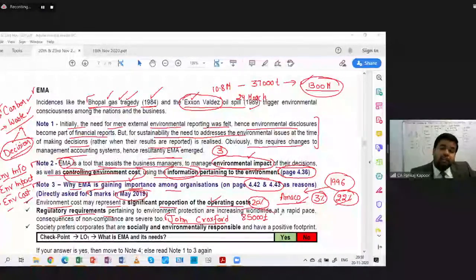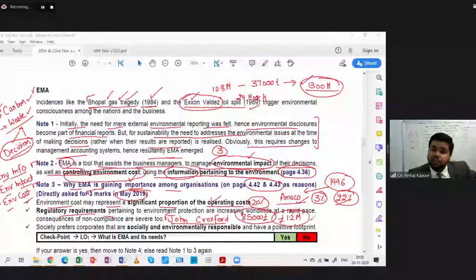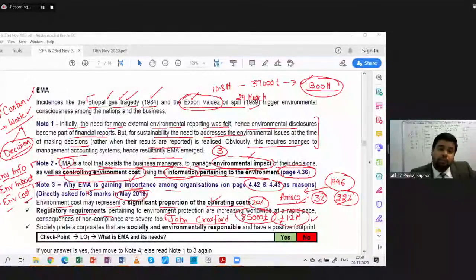Not only was the penalty imposed, the directors were imprisoned. Apart from that, 1.2 million pounds of assets were seized by the regulators. So there may be harsh consequences on you if you are not following the EMA in a very sensible manner.